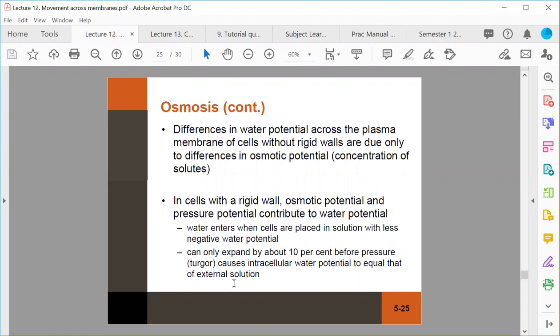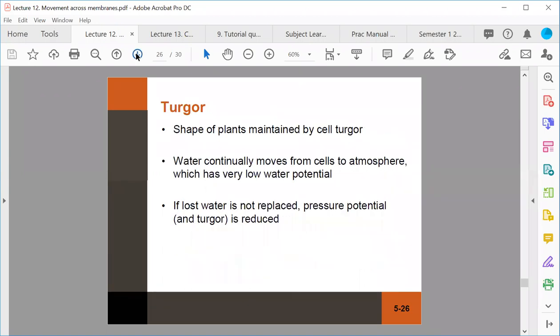So it really is a combination of both the solute concentration and the pressure potential that contributes to the water potential. The shape of plants is maintained by that cell turgor.